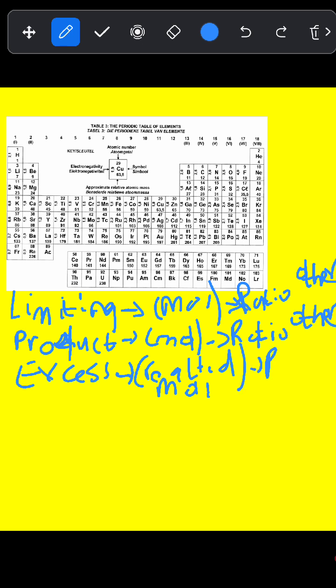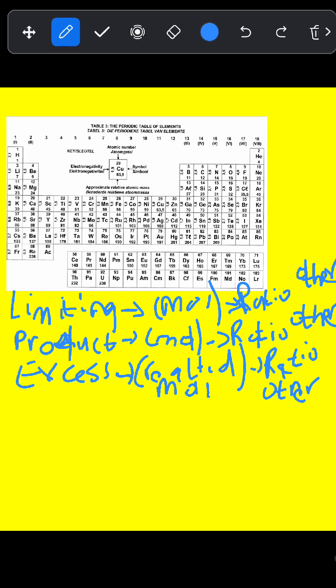Then you can use ratio to get information about the others. So that's very important.